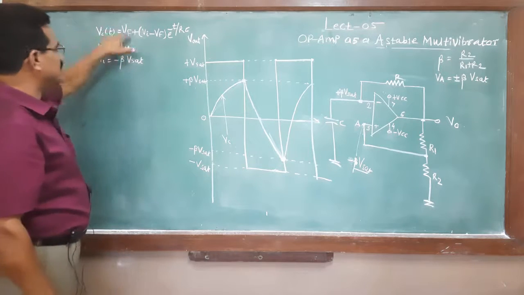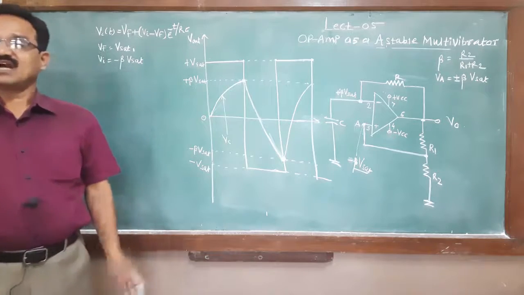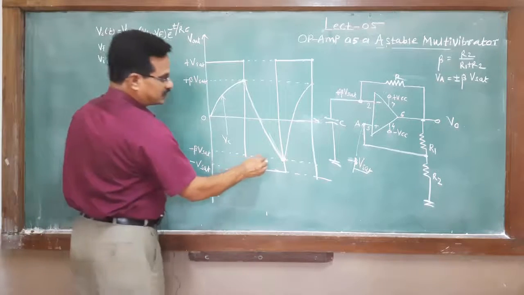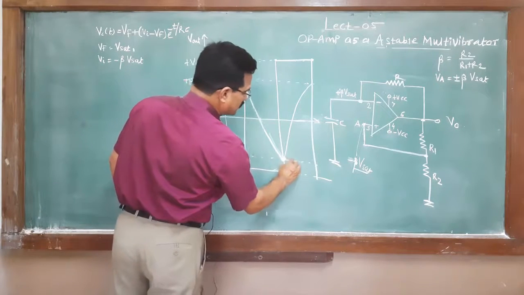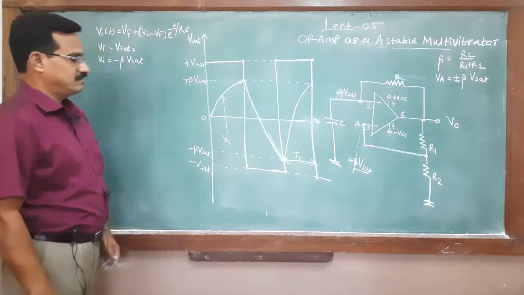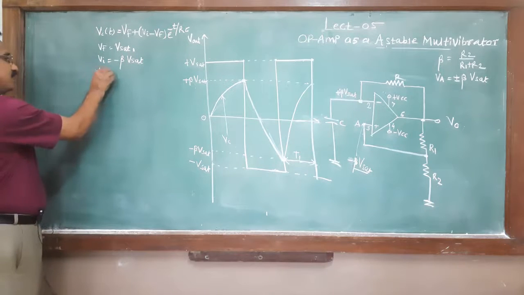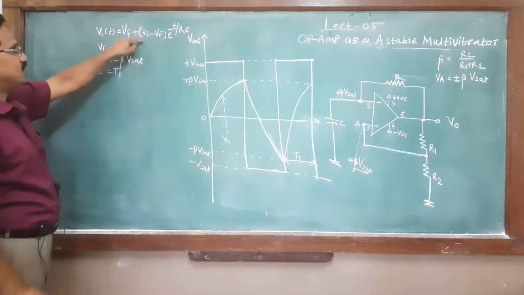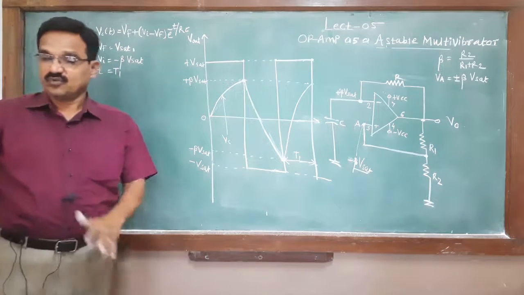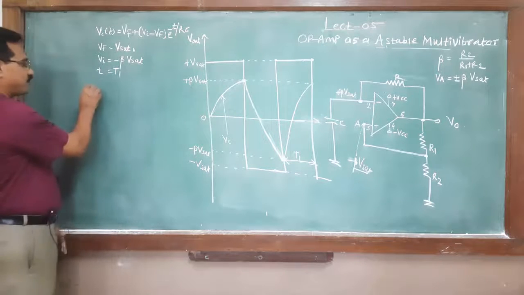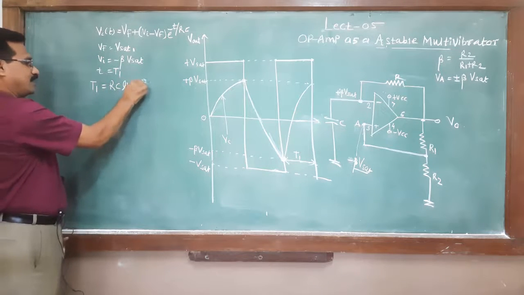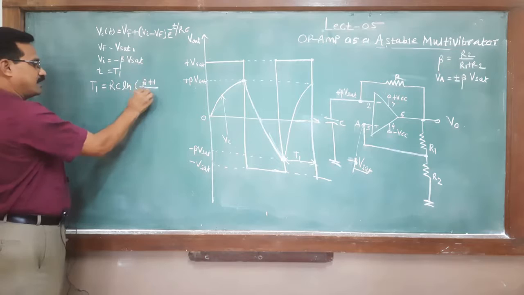When we substitute this value in this equation, and suppose this point to this point we call a time t1, then for t equal to t1, when we substitute in this equation and solve it, we get the value of t1 equal to RC log in bracket beta plus 1 divided by beta minus 1.